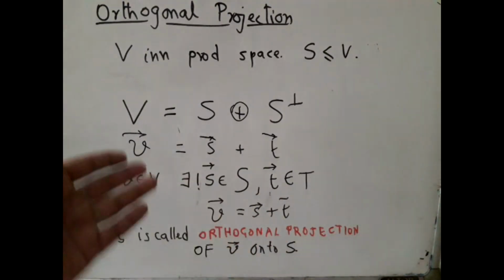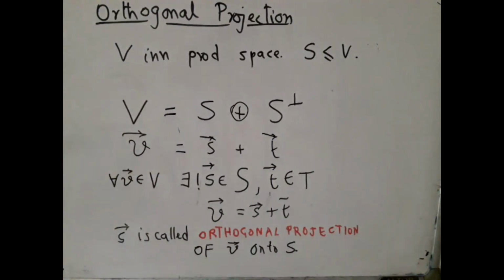Because it's unique, I can call it the orthogonal projection of V onto S. Now our book uses the term into S. Well, into is a more general term, but this map we are going to see pretty soon is actually an onto map. So I called it onto S.